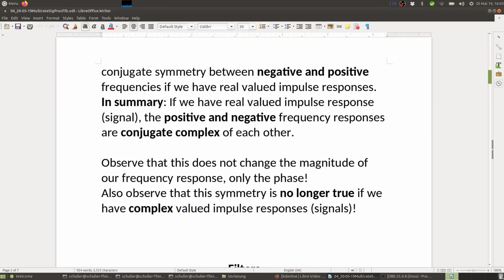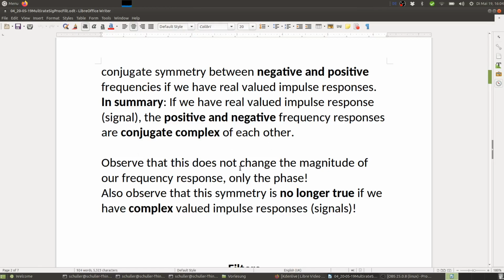In summary, if we have real valued impulse responses or signals, the positive and negative frequency responses are complex conjugates of each other. So we just need one half, say the positive frequencies from 0 to pi, and the negative frequencies from 0 down to minus pi are obtained by taking the complex conjugate.